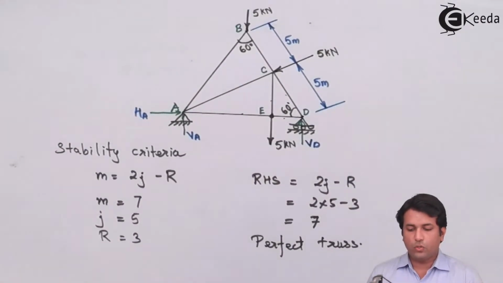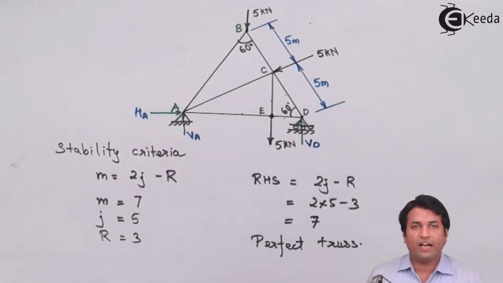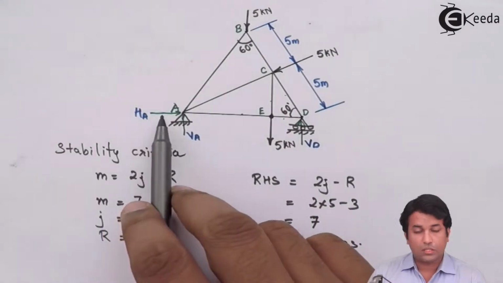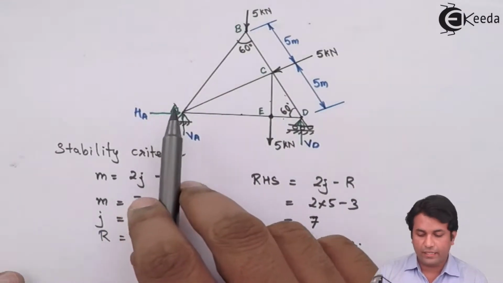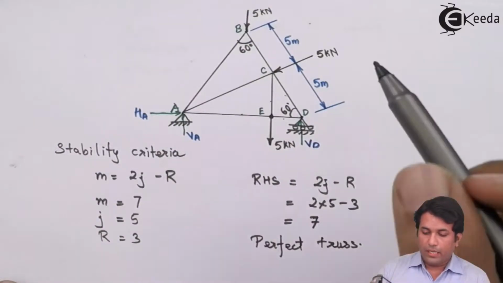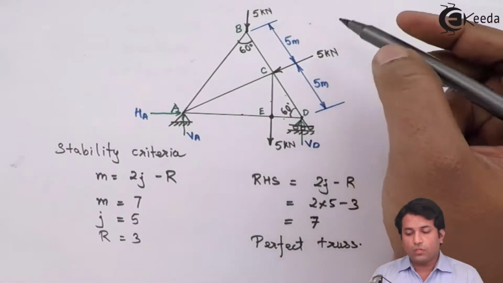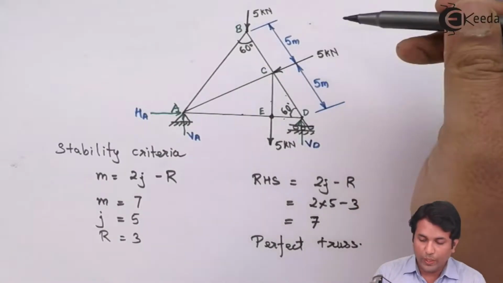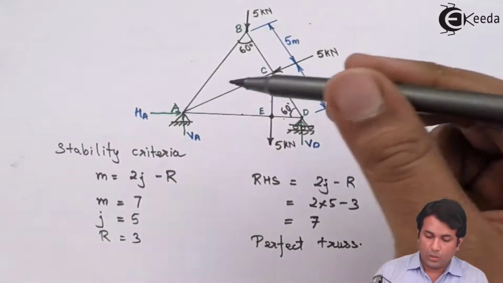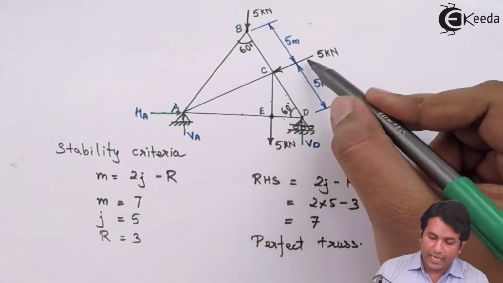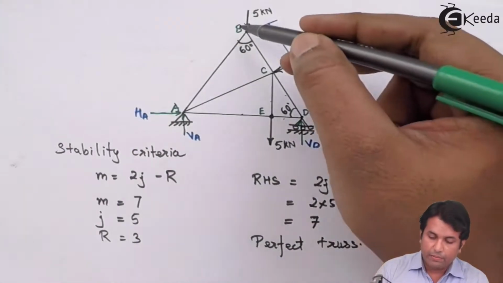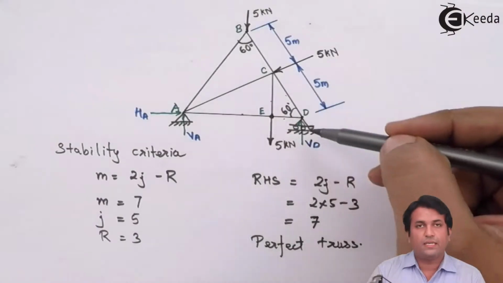Now, I'll first look at the horizontal forces that I'm having in this example. The horizontal force, that is the reaction force I'm having, is at joint A, that is HA. Now, if I look at this 5 kilonewton force, this is an inclined force which is acting towards joint A. Now, this force is acting exactly in the center of side BD of this triangle.